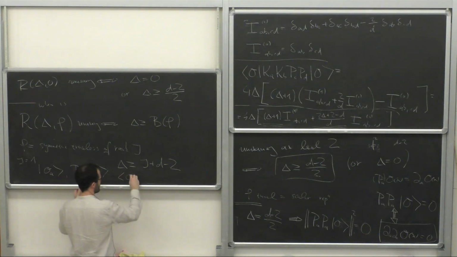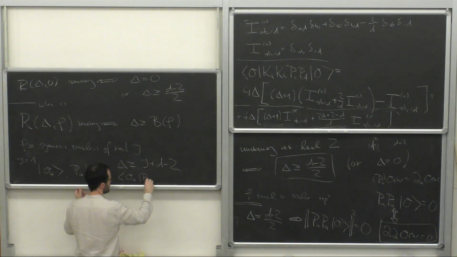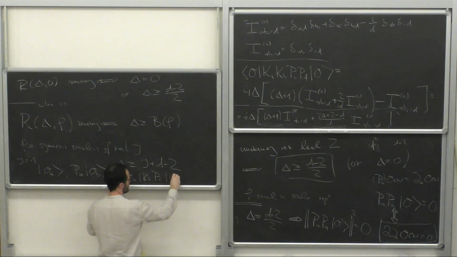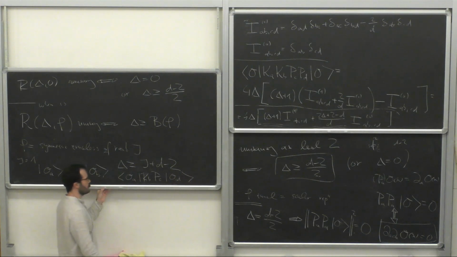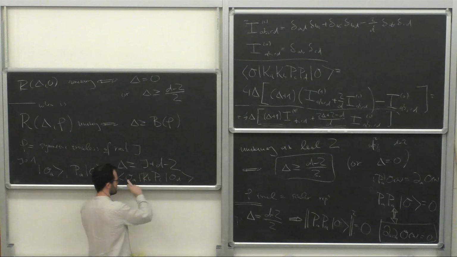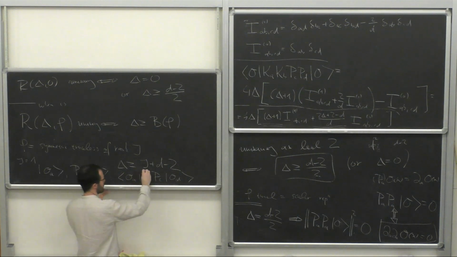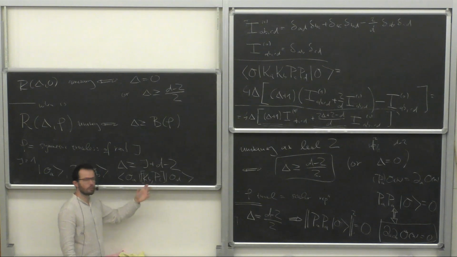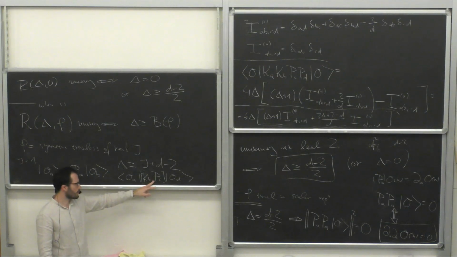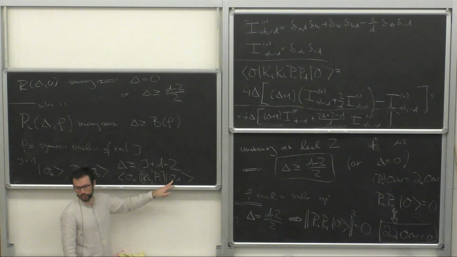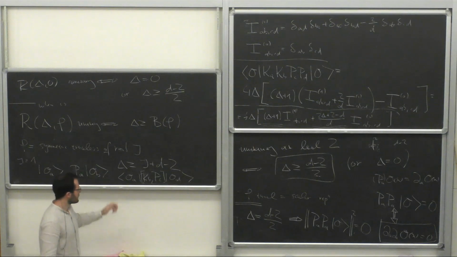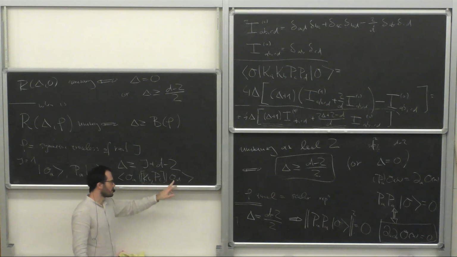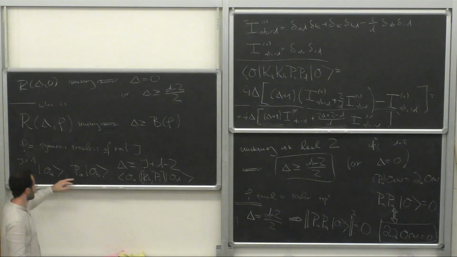So you would do something like O_A, P_B, K_B, P_C, O_D. If you contract this with matrices, you need it to be positive. Then you use the commutator. But now the commutator will have the scaling transformation, but also rotation. And the rotation will now be important because the rotation will not annihilate the O like it did for the scalar case. So that's how you're sensitive to the SO(d) representation of O.